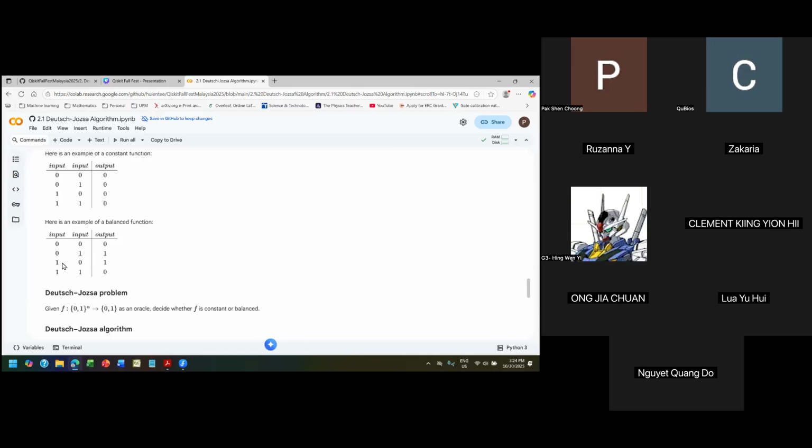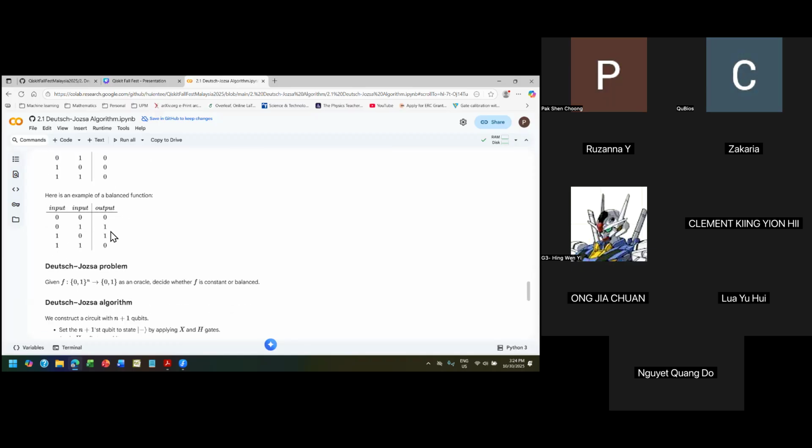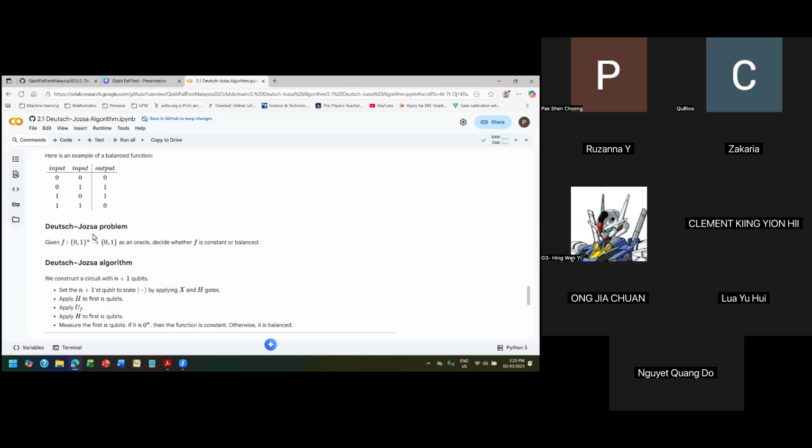But for the balanced function, you can see half of the outputs are 0, half of the outputs are 1. This is what you call a balanced function. So the Deutsch-Jozsa problem is, given this function as an oracle, you have to decide whether it's constant or balanced.